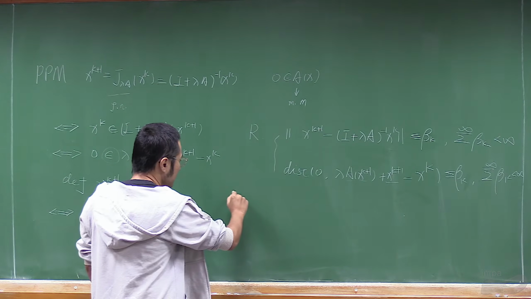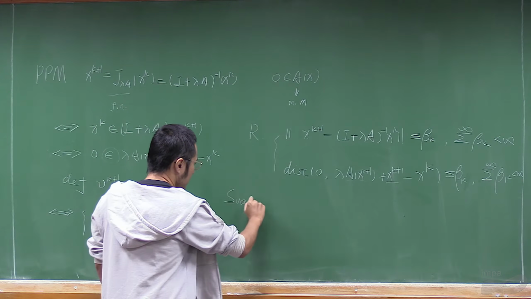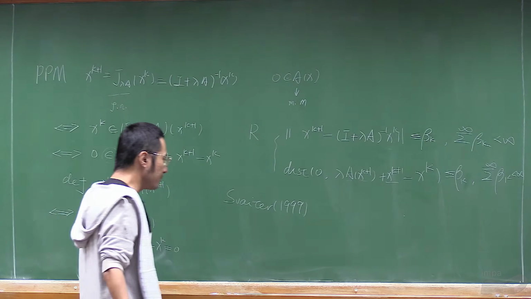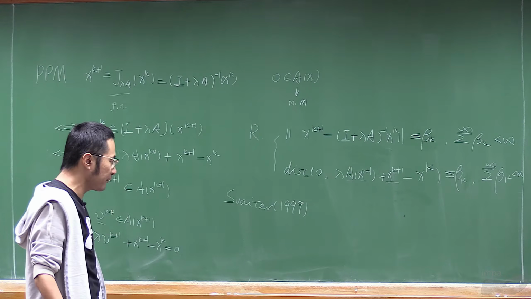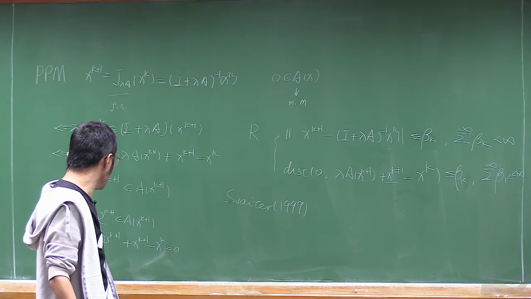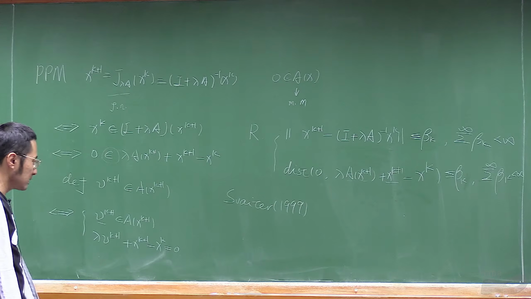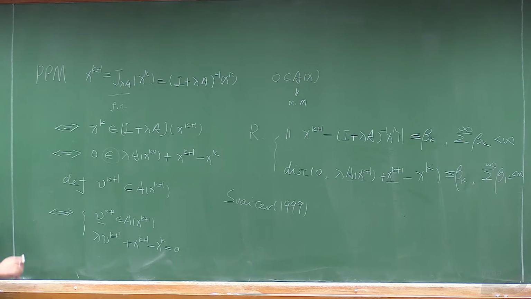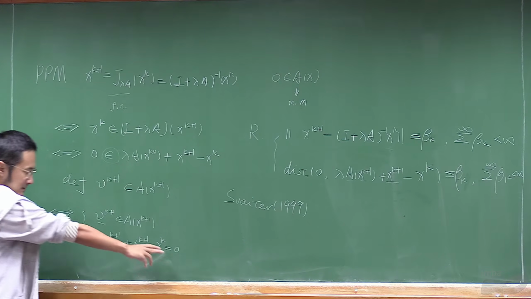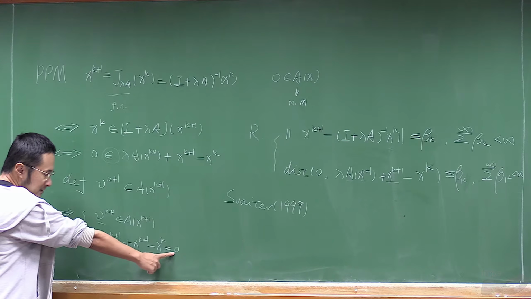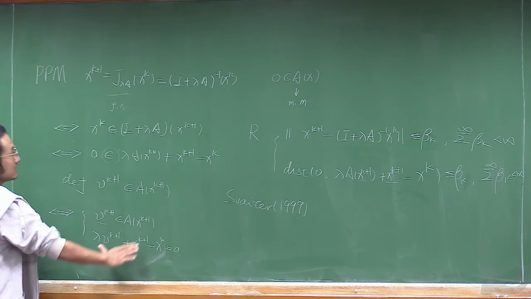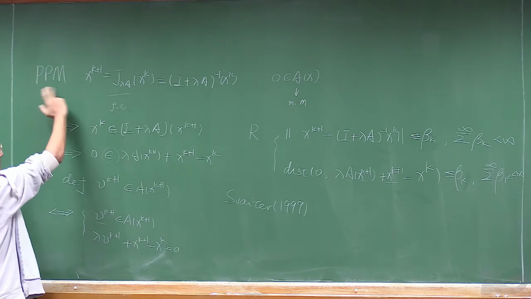And in 1999, Solodov and Svaiter proposed another two kinds of error criteria. The first comes here. We go back to this proximal system. If this is 0, which means we solve this inclusion exactly, this is equivalent to the exact PPM.